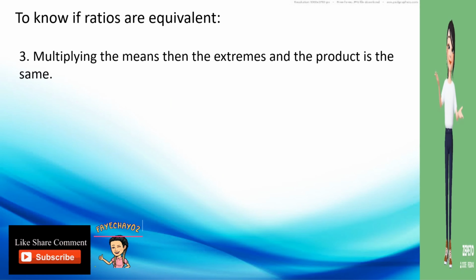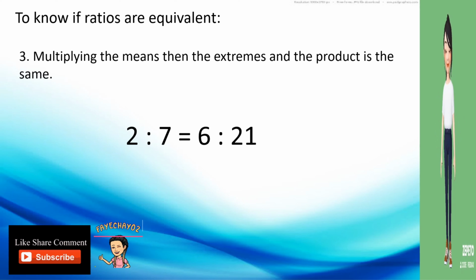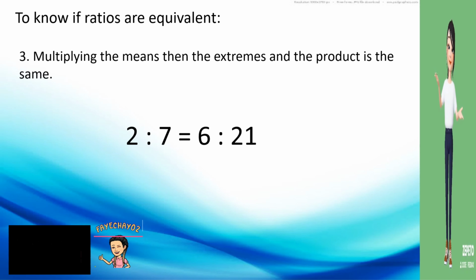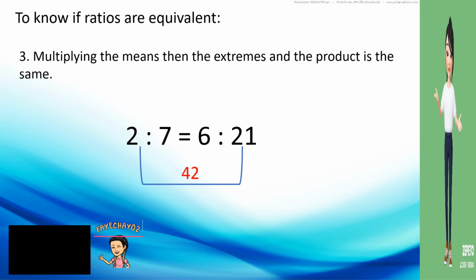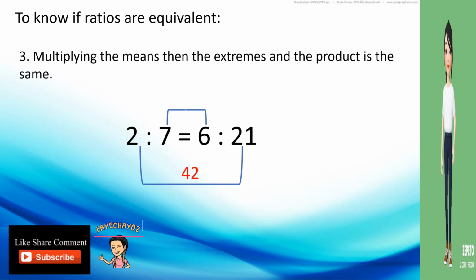So let us try this example. So we have 2:7 is equal to 6:21. So let us get the product of the extremes. So we have 2 times 21 is 42. And then we will get the product of the means. So 7 times 6 is 42.